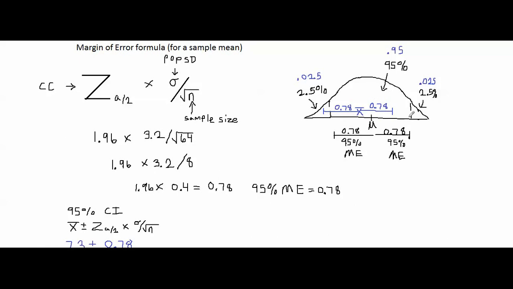Now, if my sample mean happened to be really low, so far below the population mean that it's in this lower tail down here, then the confidence interval won't include the population mean.